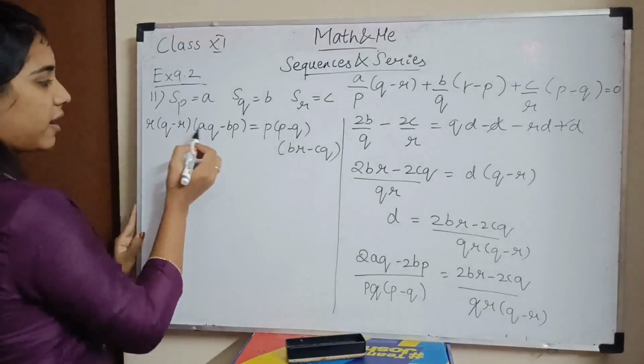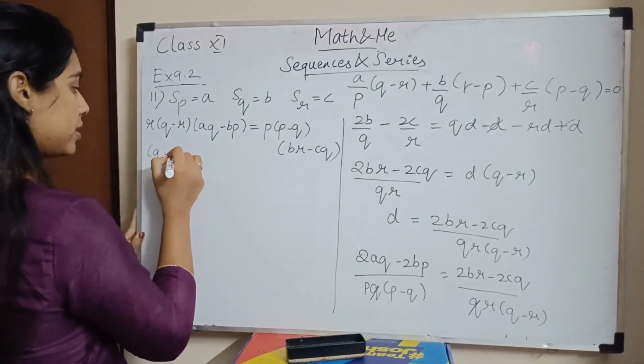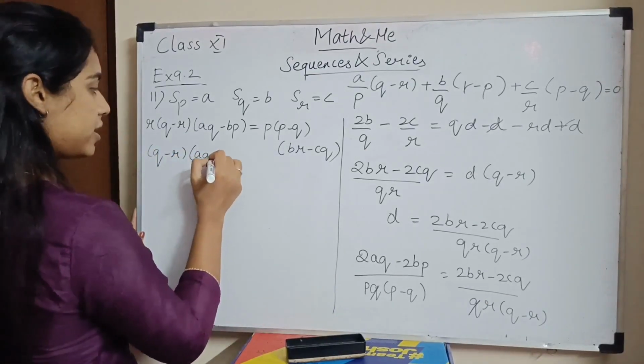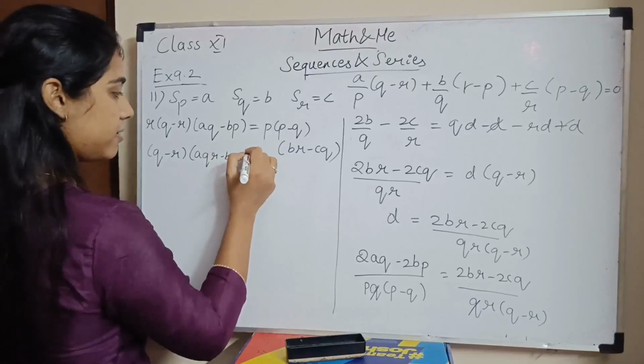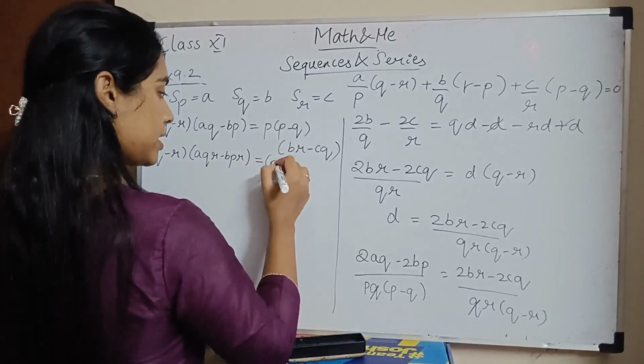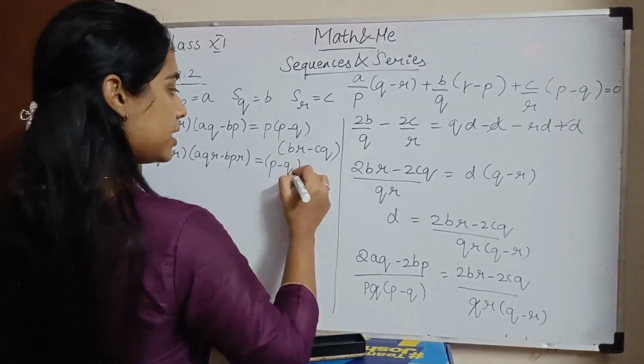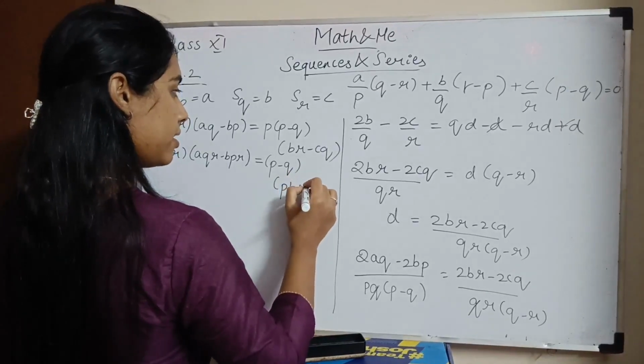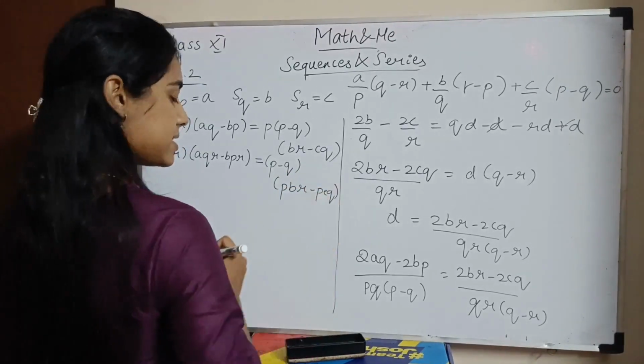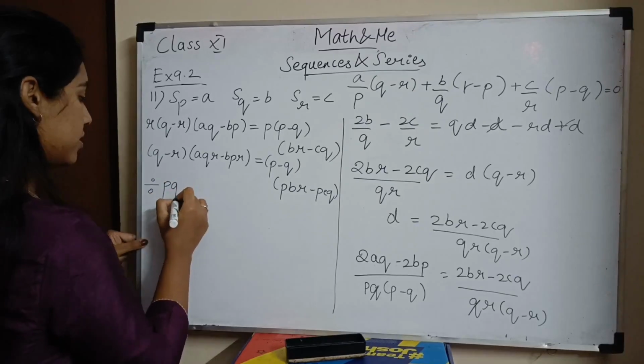So let me multiply the R inside. I have (Q minus R) times (AQR minus BPR) equals (P minus Q) times (PBR minus PCQ), dividing by PQR.